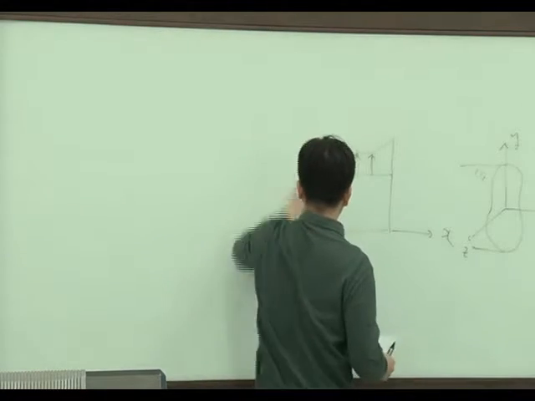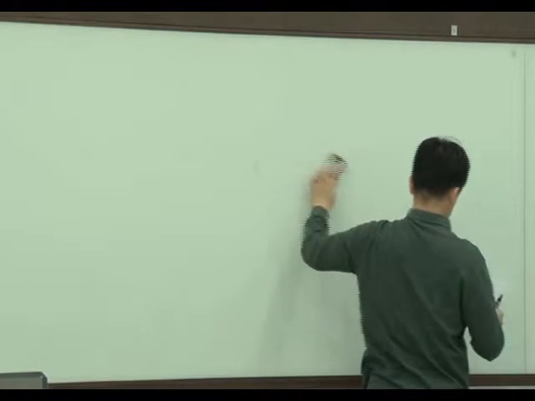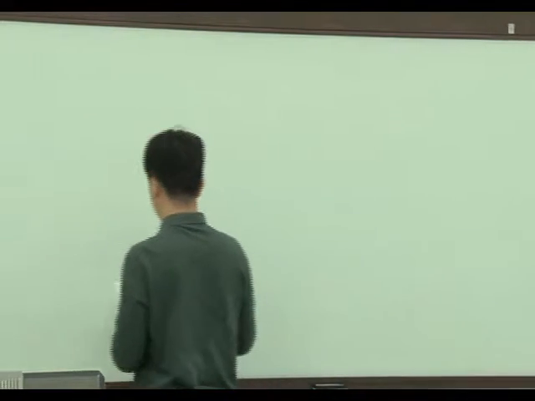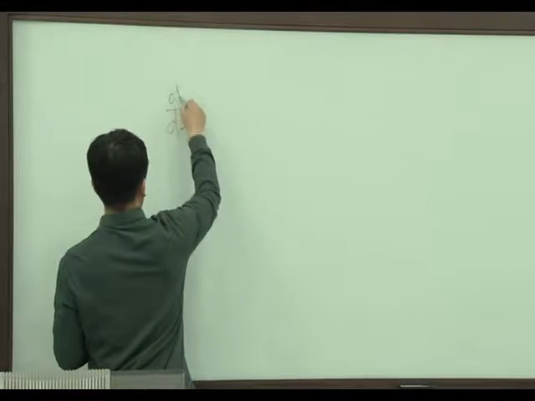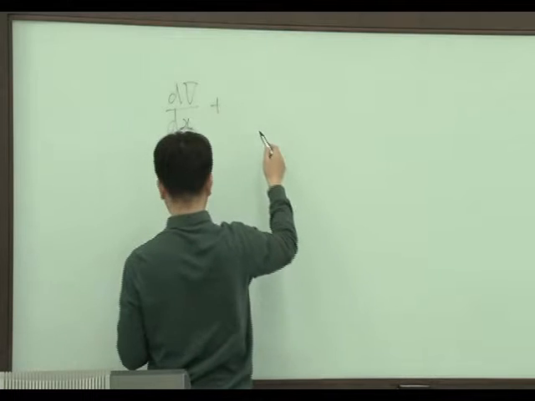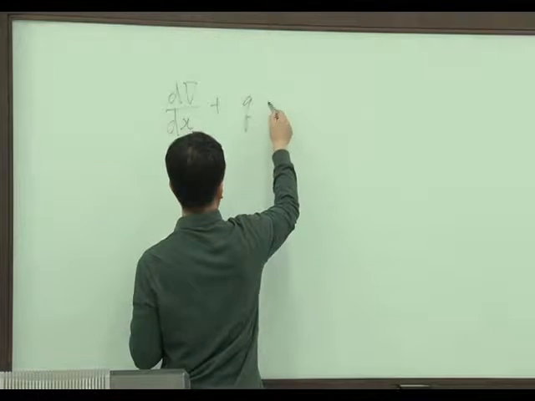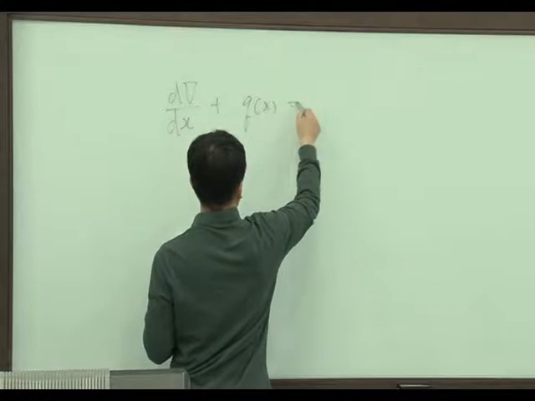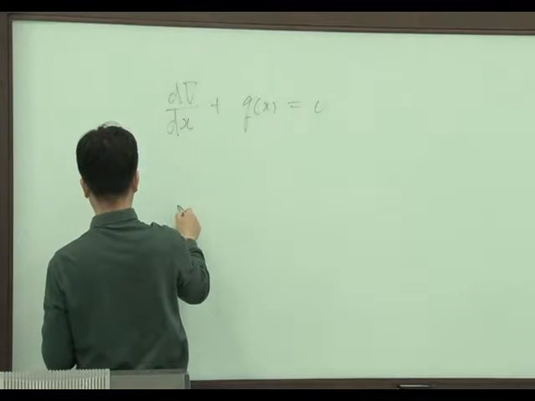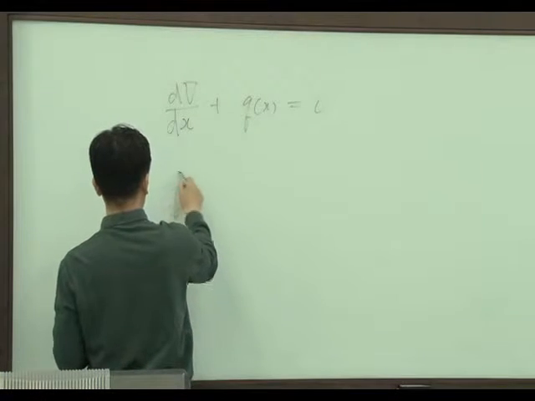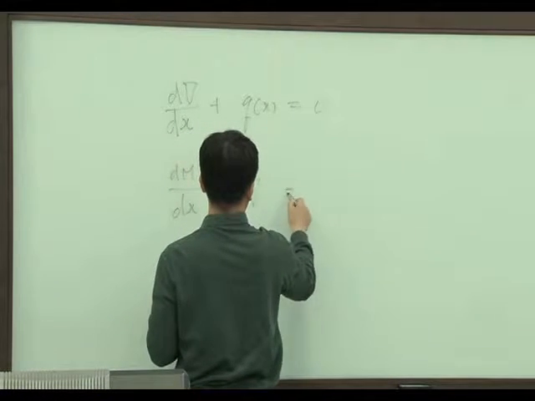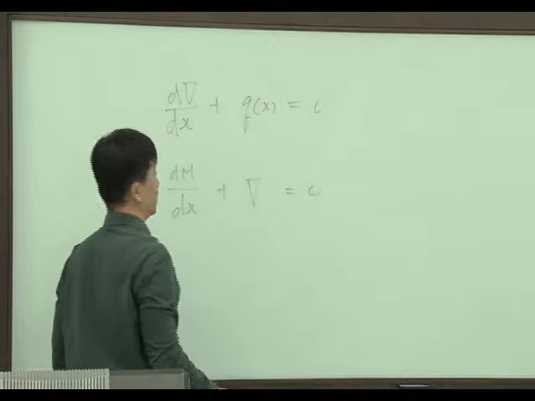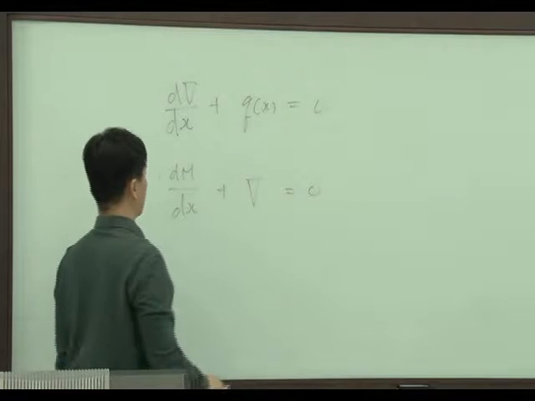Both are local equilibrium equations for a beam. One equation: dV/dx plus q(x) equals 0. The other: dM/dx plus V equals 0. So we can combine both.